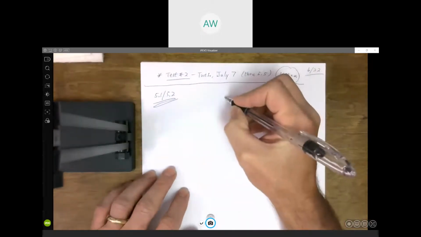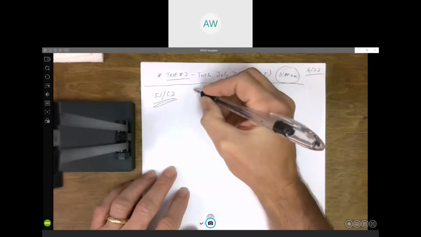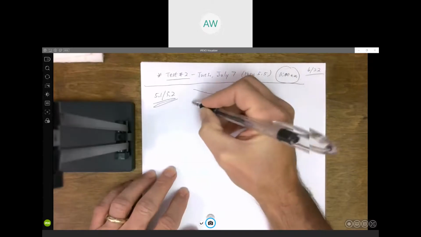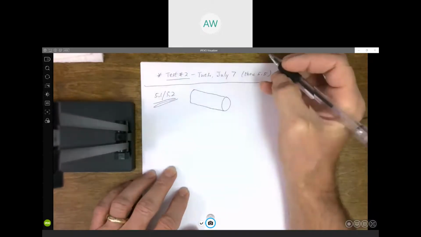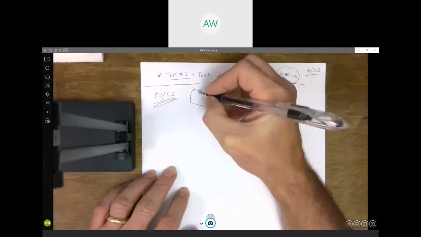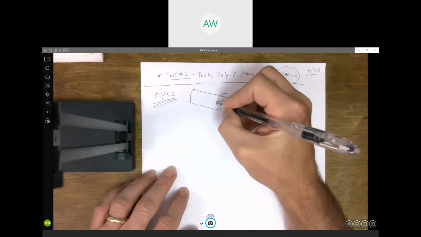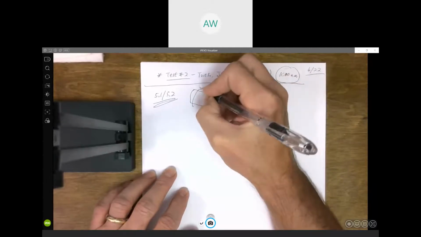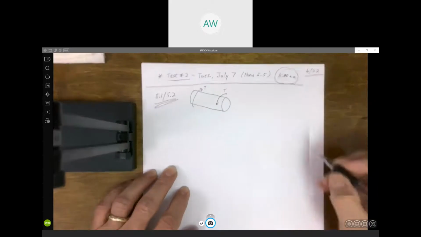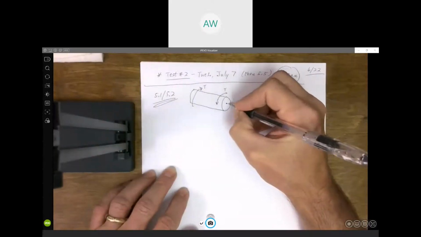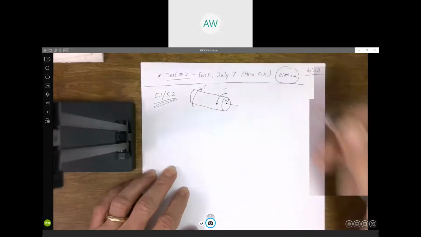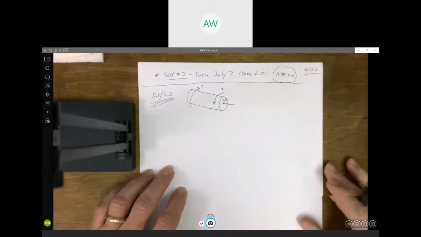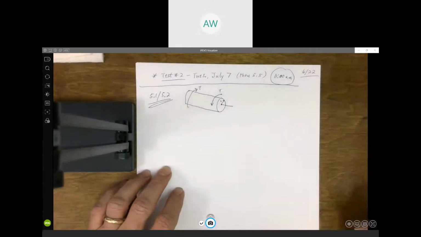So if we've got a shaft with a circular cross section, and we apply some torque, this twisting moment we call torque, to this shaft, which has a radius, to be consistent with the notation the book uses, a little c for the radius of this cross section.